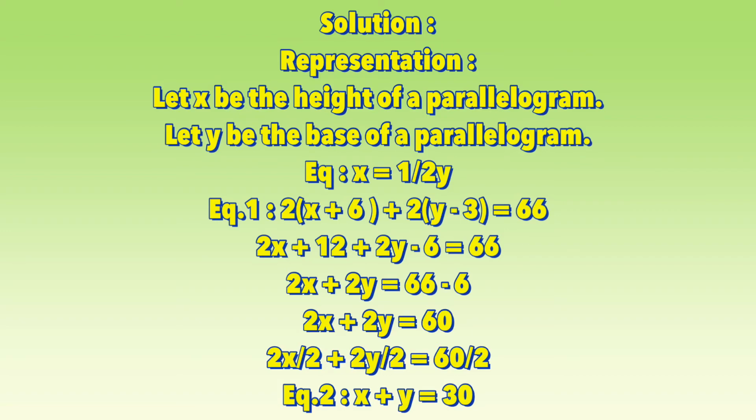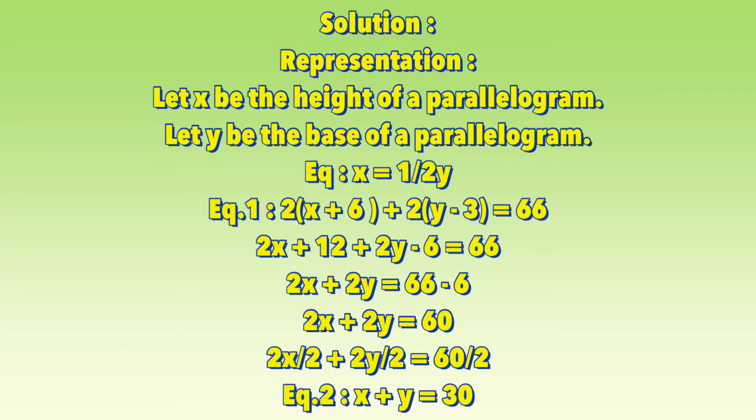So x plus 6 is increased and y minus 3 is decreased. And since this is the perimeter, we have perimeter is 2L plus 2W.